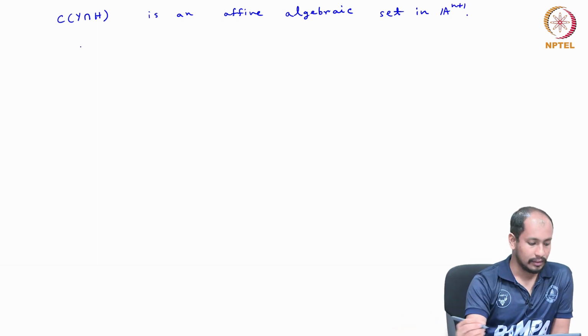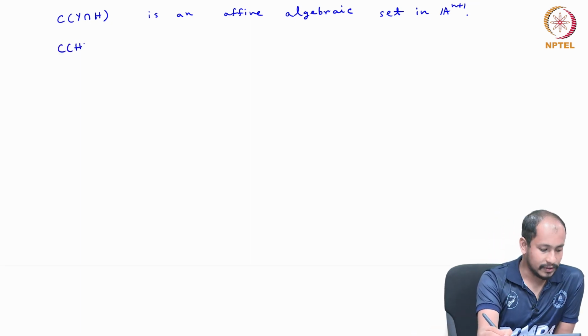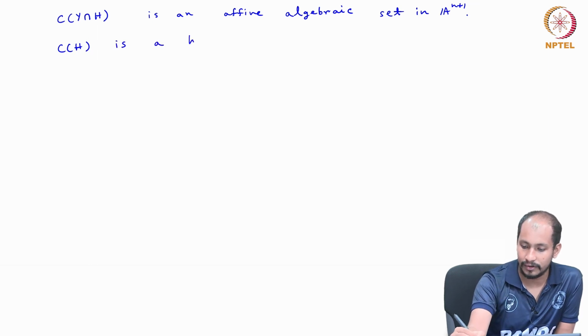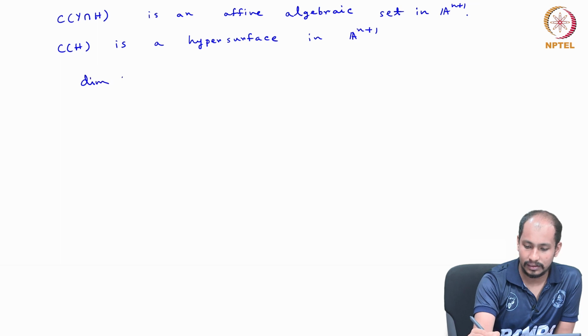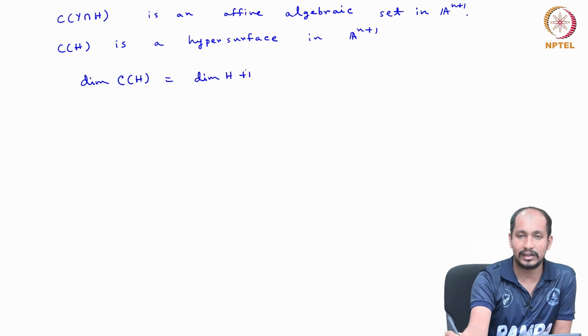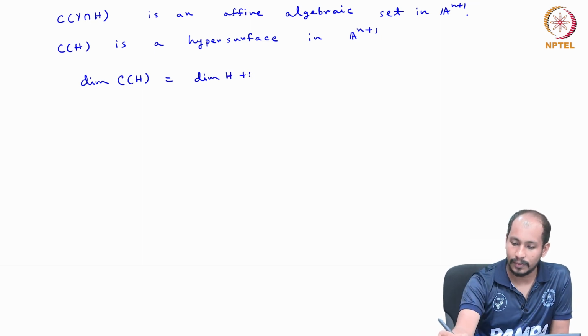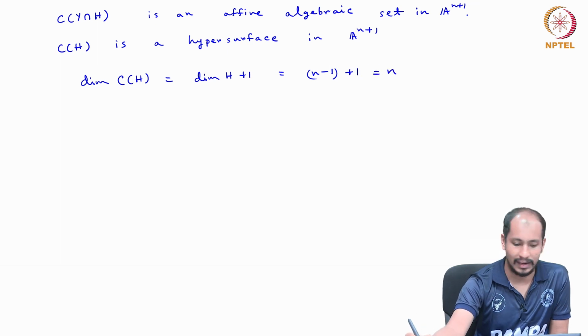Now CH is a hypersurface in A^(n+1). Why? Because the dimension of CH is equal to the dimension of H plus 1. We just stated this property of cones. The dimension of H is n minus 1, and plus 1, so this is equal to n.